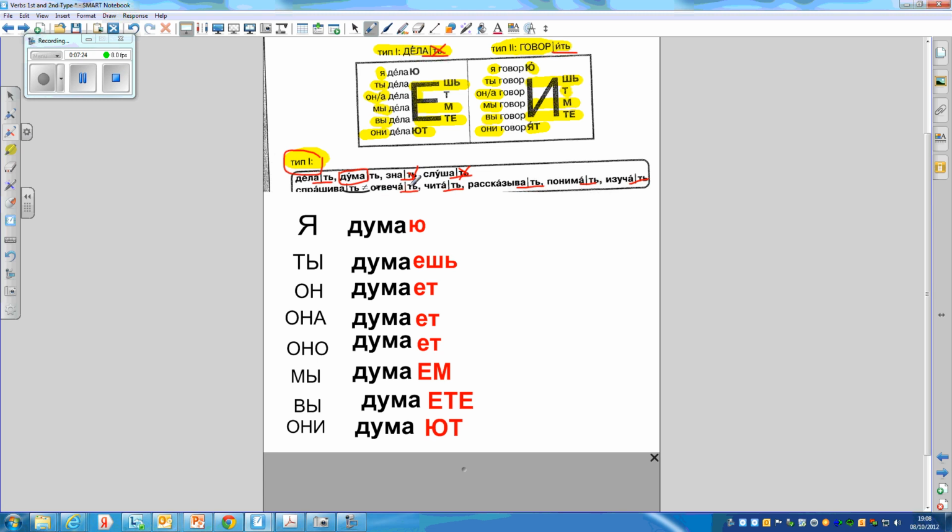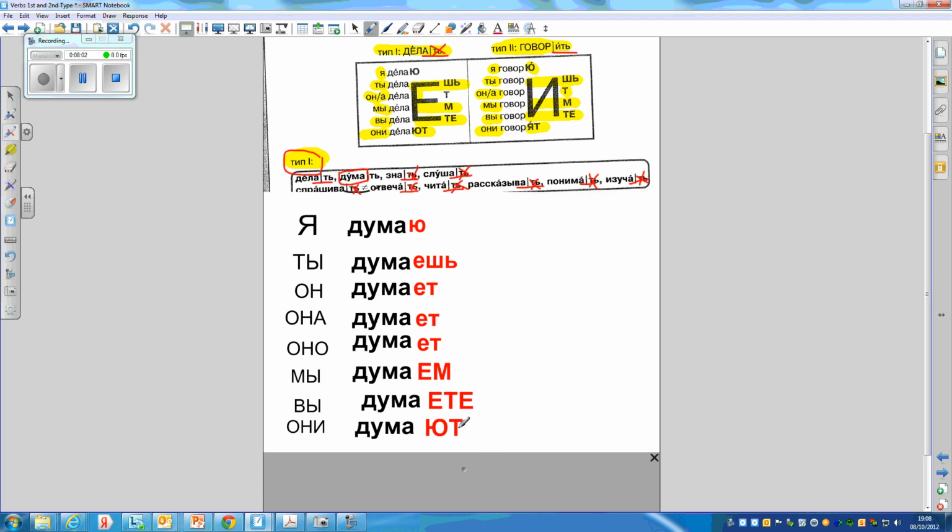You take the main part of the verb and you conjugate. So знать, to know, will be я знаю, ты знаешь, он знает, она знает, оно знает, мы знаем, вы знаете, они знают.